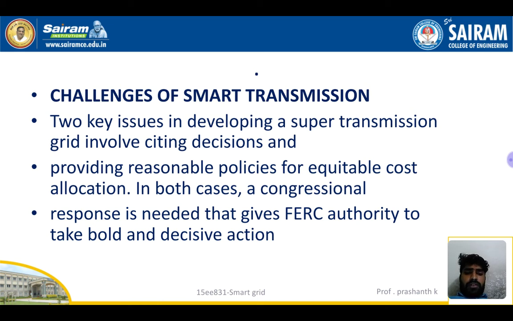Congressional response is needed that gives FERC authority to take bold and decisive actions. These are the challenges of smart grid, smart transmission.